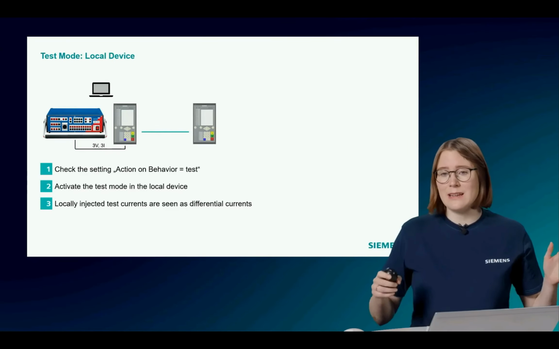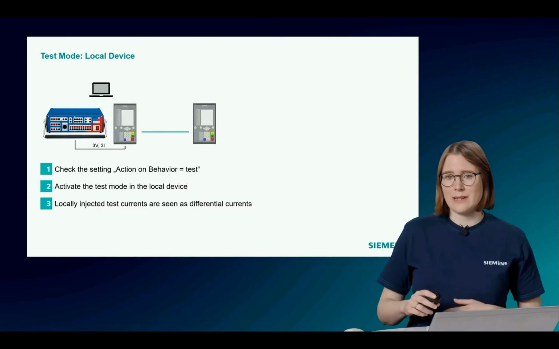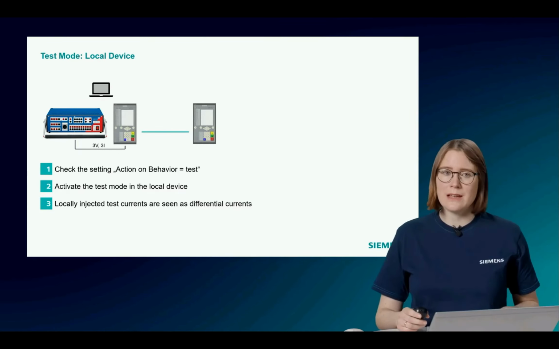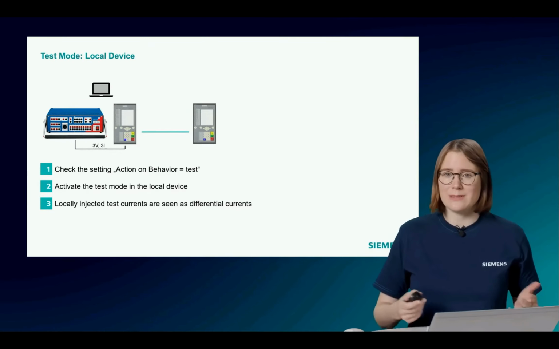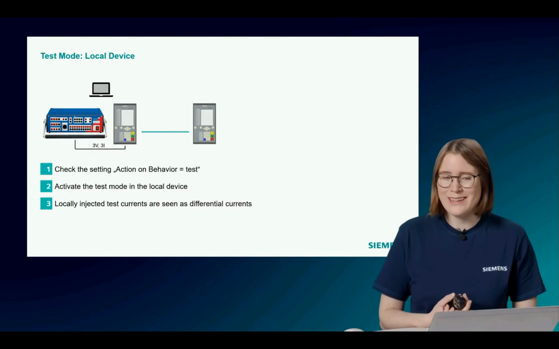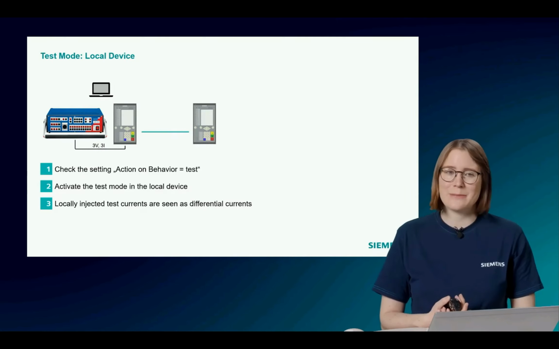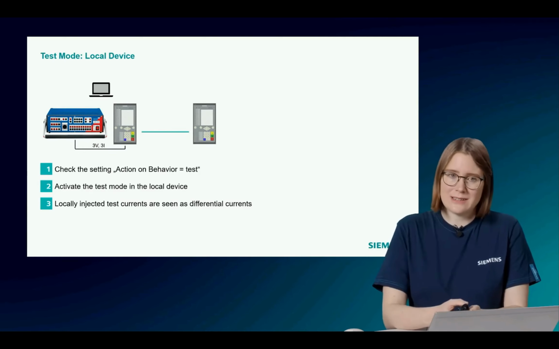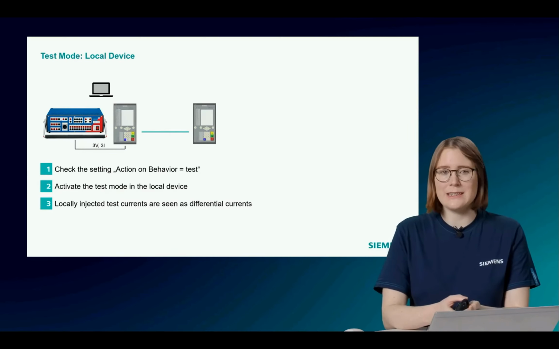Okay, is my differential protection running? Is everything fine? Then you can also only connect to one of the two devices, the local device that you're sitting in front of, and connect only this device to the Omicron, and then activate the local device test mode. And in this test mode, all locally injected test currents are seen immediately as differential current.